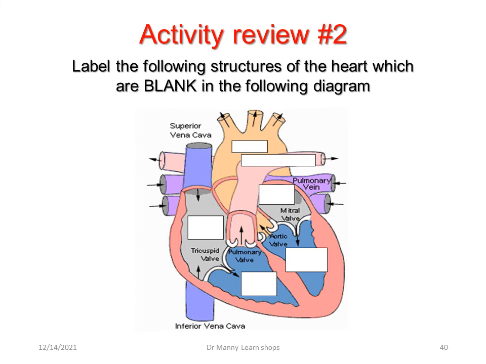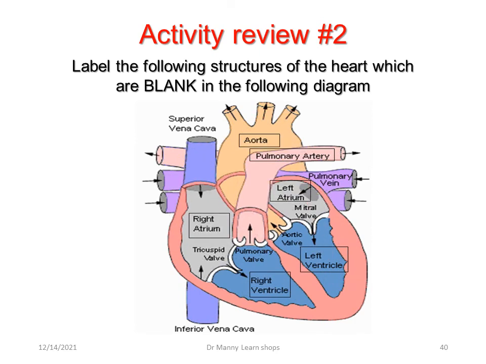Can you label the following structures of the heart in your mind, which are blank in the following diagram? Have a look. Okay. You've got the aorta, the pulmonary artery, the left atrium, right ventricle, left ventricle. Nothing hard about that.